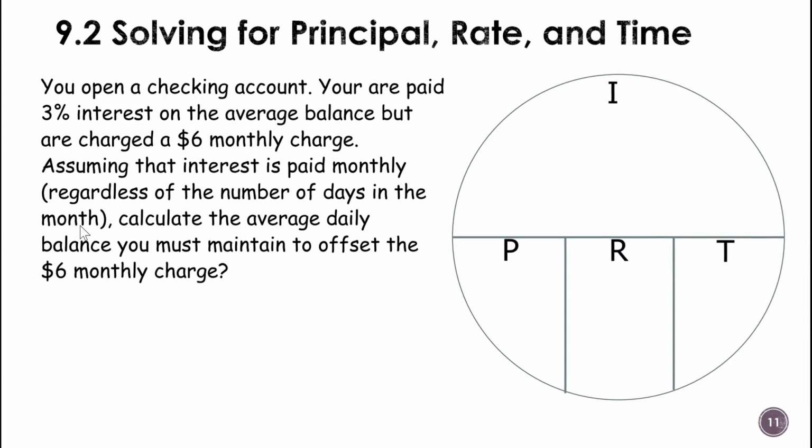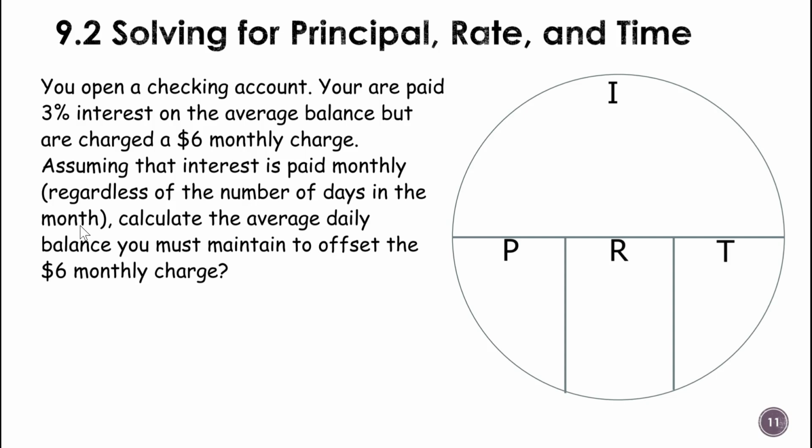The next one says you open a checking account and you are paid 3% interest on the average balance, but are charged a $6 monthly charge. Assuming that interest is paid monthly, regardless of the number of days in the month, we're just going to say every month, calculate the average daily balance you must maintain to offset the $6 monthly charge. That was a lot, I understand that.